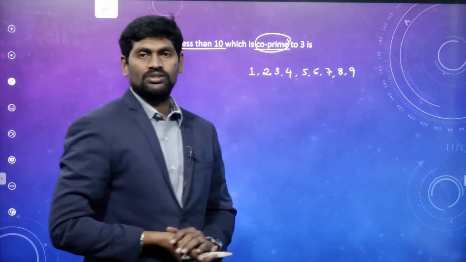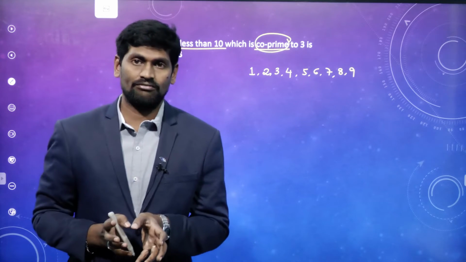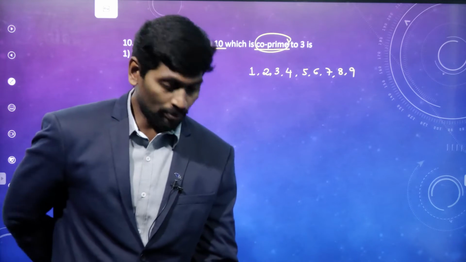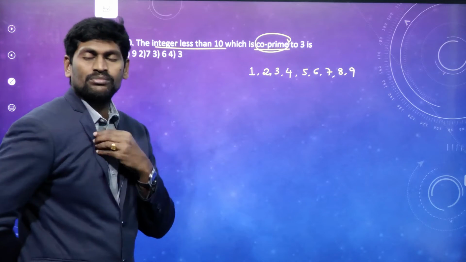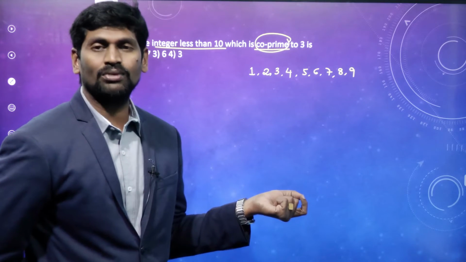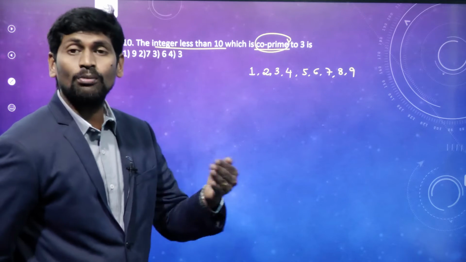What are co-primes? Co-prime or relatively prime numbers, both are the same. We have discussed this in many situations in real classes. Co-primes or relatively prime numbers are nothing but two numbers that do not have any common factors.